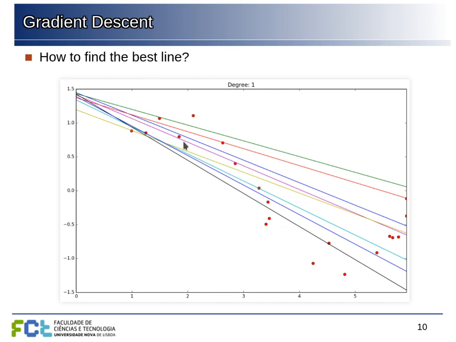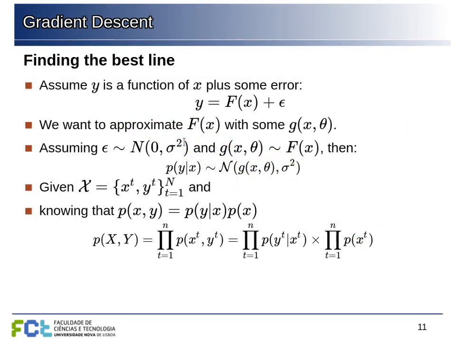We need to make some assumptions or think about what would make a line better than others. You probably already did linear regressions, and you know that we find the line that minimizes the quadratic error. So least mean squares is usually the optimization we do to try to fit these kinds of models. But there is a reason for that.